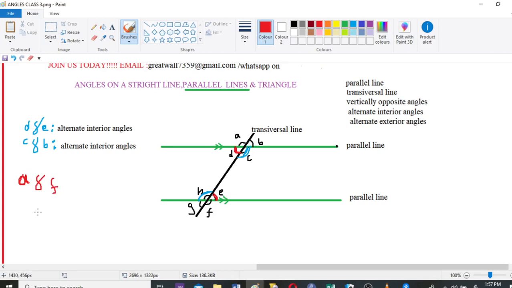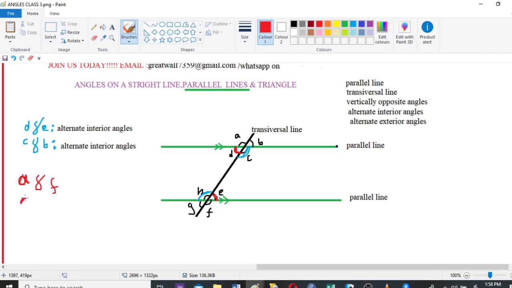Not just that, let's also look at angle G and B. Angle G and B are also alternate exterior angles.